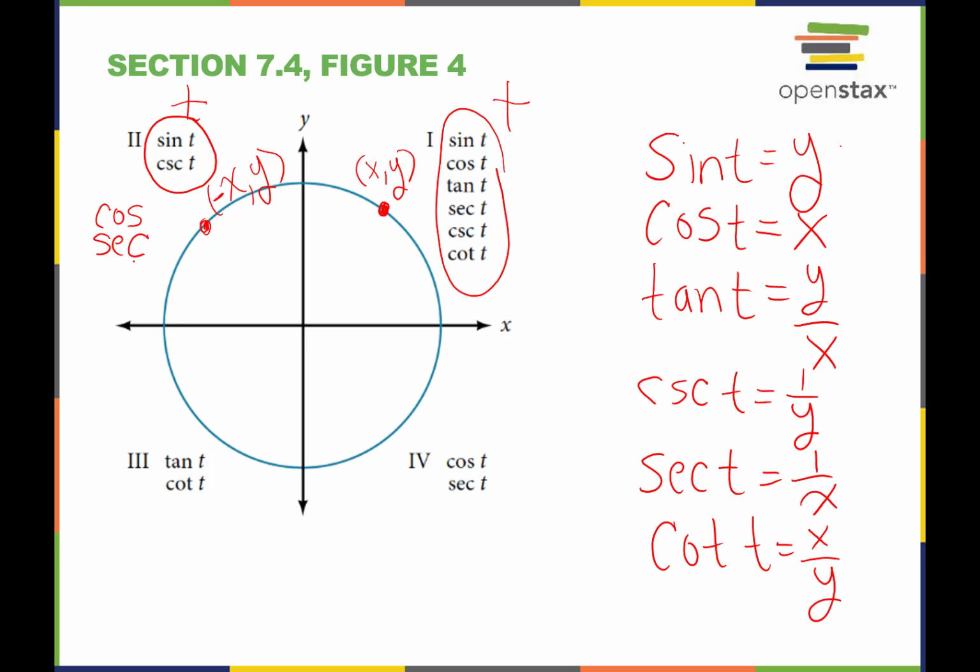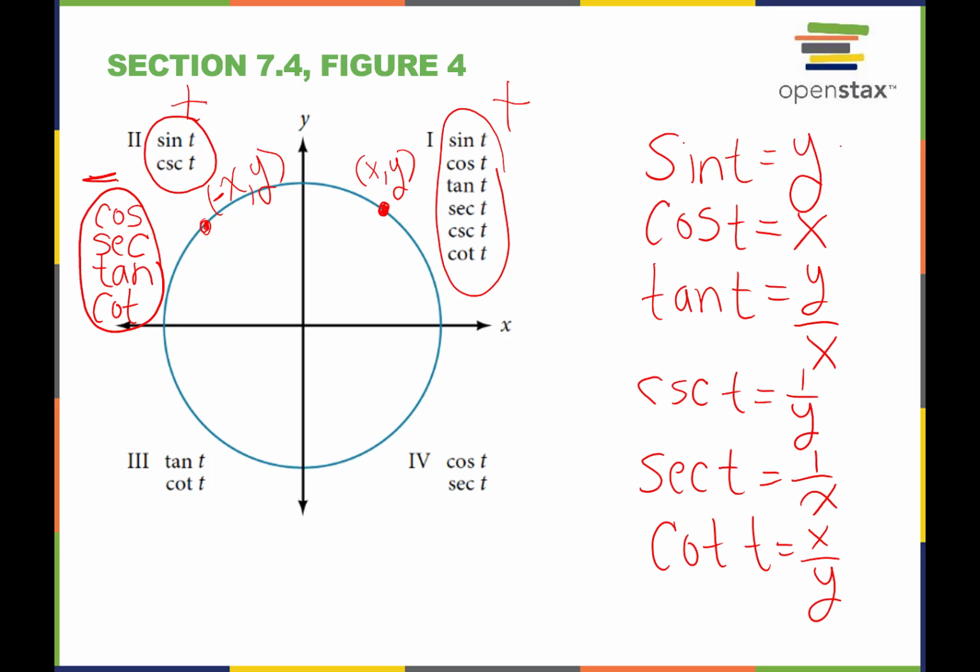A positive divided by a negative is going to be negative. So tangent in the second quadrant is going to be negative. And because cotangent is the reciprocal of tangent, the reciprocal of a negative number is also going to be negative. So cotangent is also going to be negative. So these are all your negative values in the second quadrant.